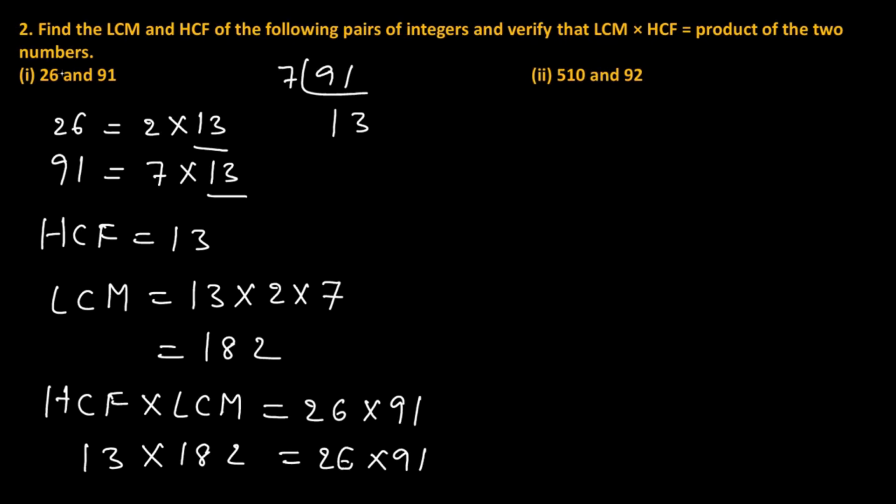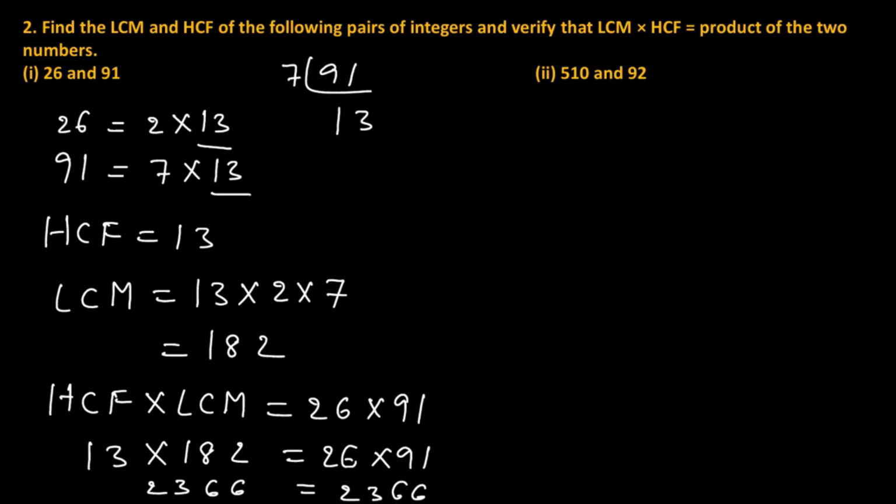After multiplication, you can check. You will get 2366 is equal to 2366. The first question is proved. What is the next question?